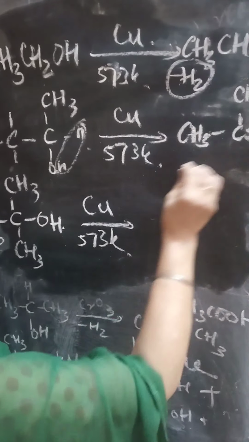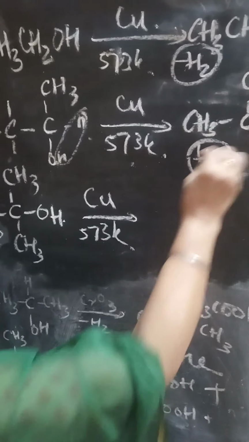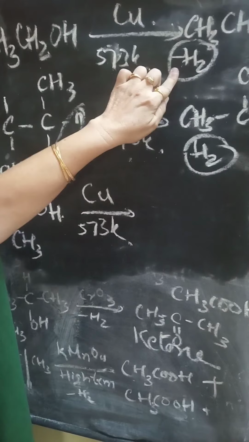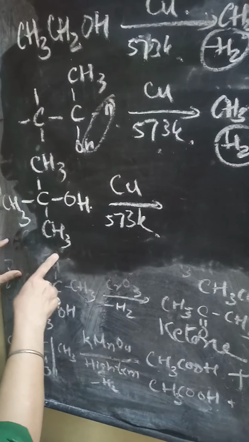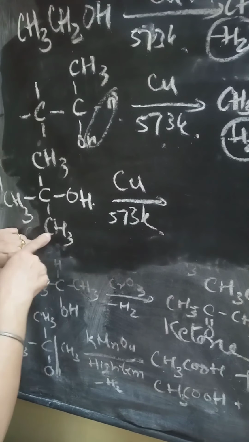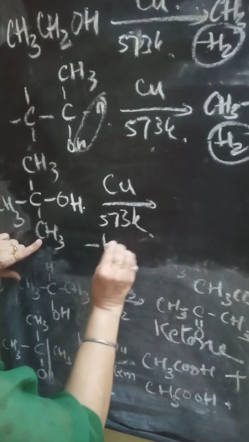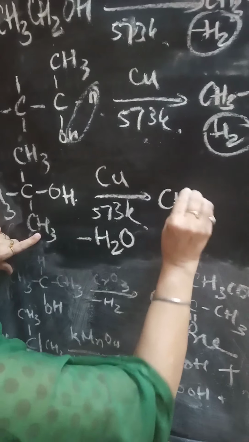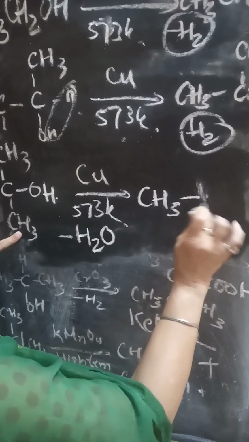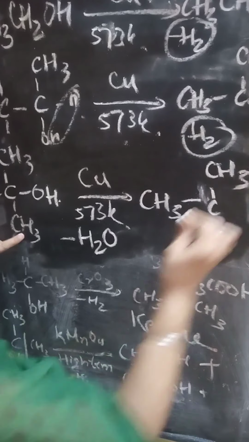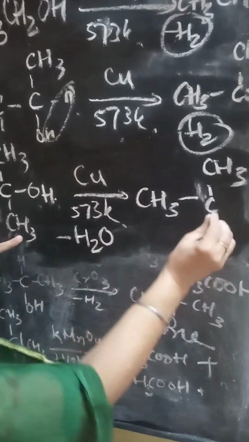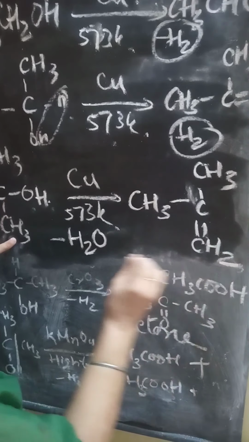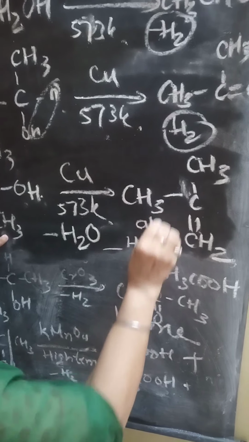That means dehydrogenation reaction was taking place. But in the third, dehydrogenation does not take place. Instead, dehydration takes place. The water molecule gets removed and thereby it forms an alkene. Here OH and H are removed, so a double bond CH2 is formed. Here water has been removed and alkene is formed.